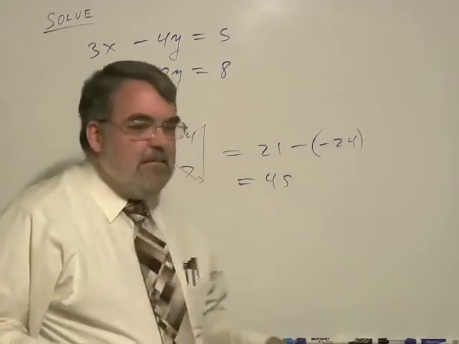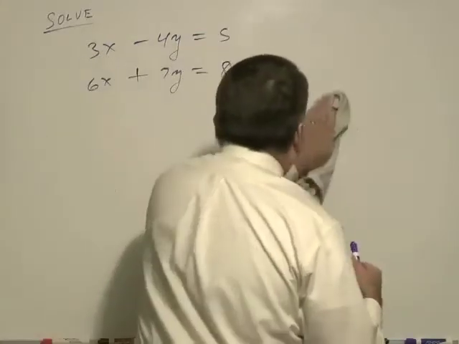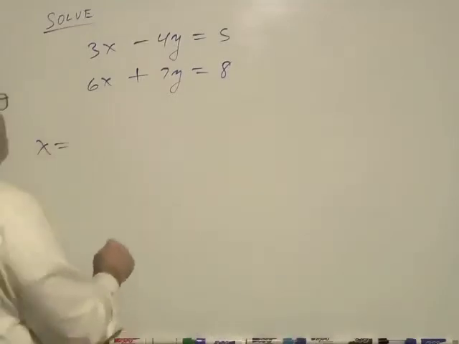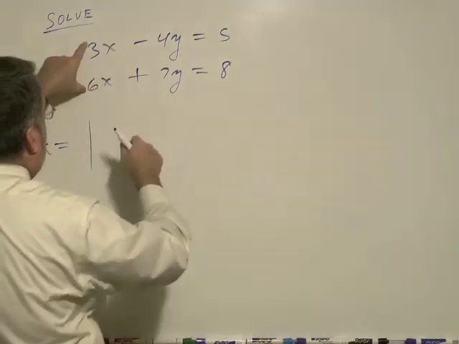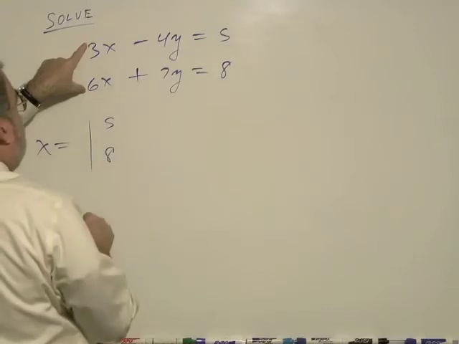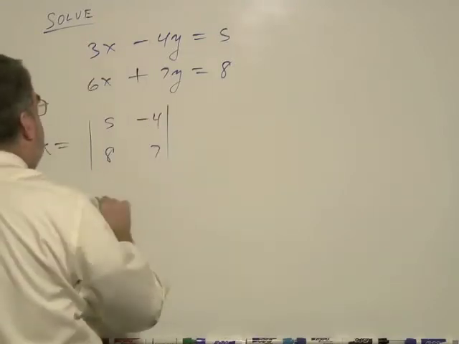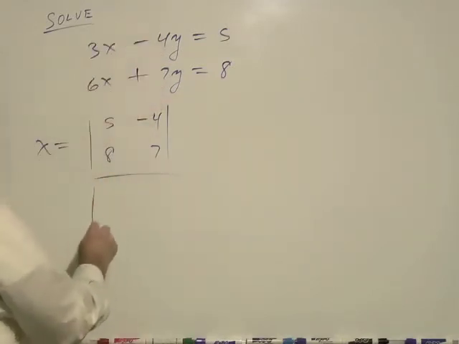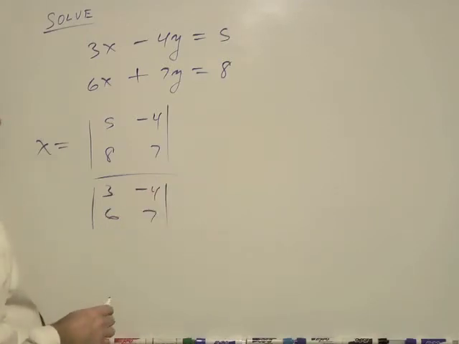Okay, well, let me write out the problem then with solving by Cramer's rule. x is going to be the top determinant. Because for the x column, I replace these coefficients with the right-hand side, 5, 8. I'll keep the y coefficients, minus 4 and 7. And the denominator is the coefficients on the left side: 3, minus 4, 6, and 7.